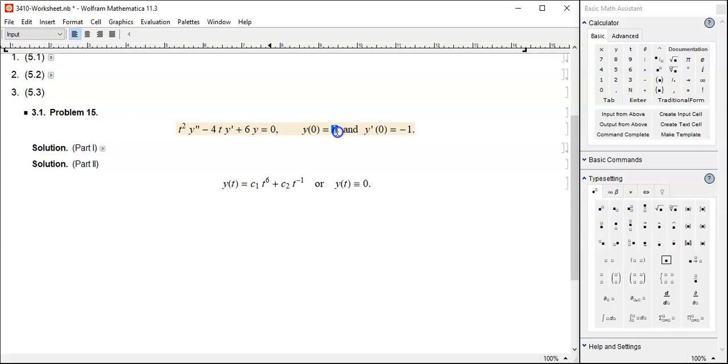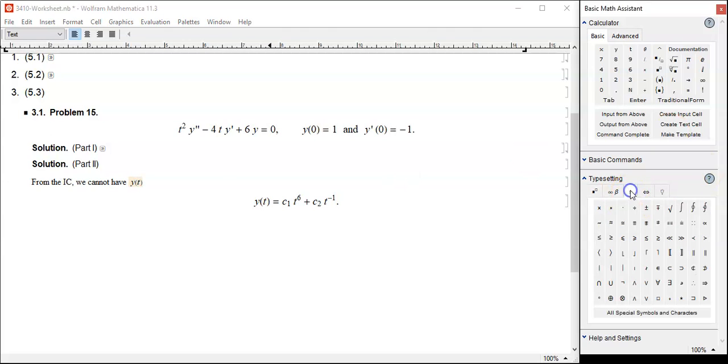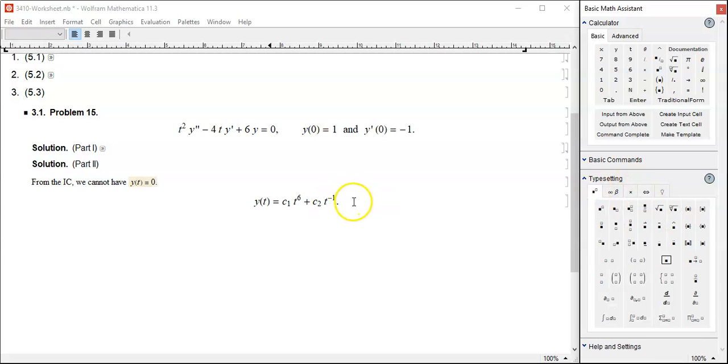Constantly 0, that violates this condition, that condition too, so looks like this is out of consideration. Out. Okay, we can move on.